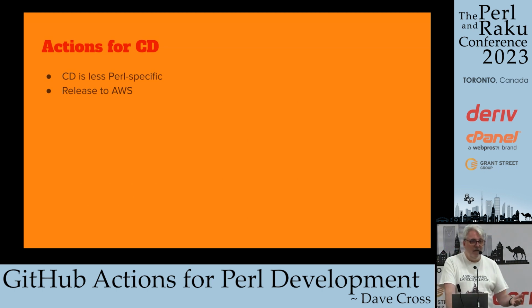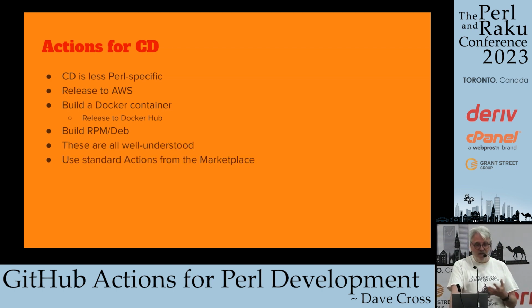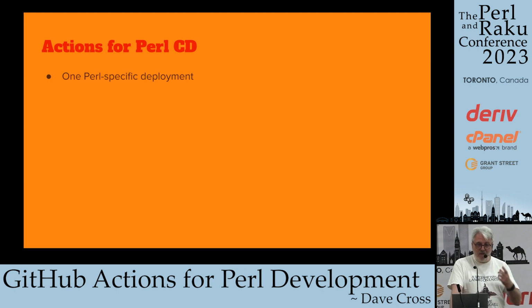You're releasing to AWS, you're building a Docker container, you're building an RPM or a Debian file. These are all well understood, and there are standard actions that already exist for these. But there's one Perl-specific deployment that I wanted to talk about briefly, which is releasing a module to CPAN, and this is what I'm working on at the moment.